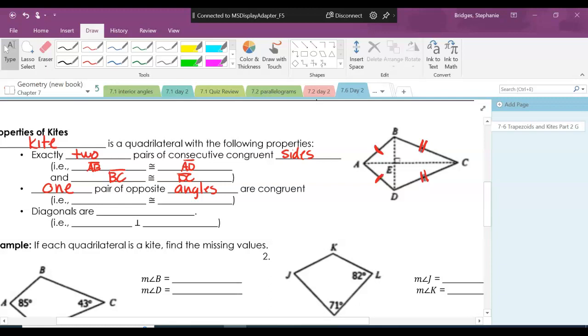Right, B is in between a short side and a long side. So angle B is going to be congruent to the one at the bottom in between the other short side and long side, D. So angle B and angle D are congruent in your picture.